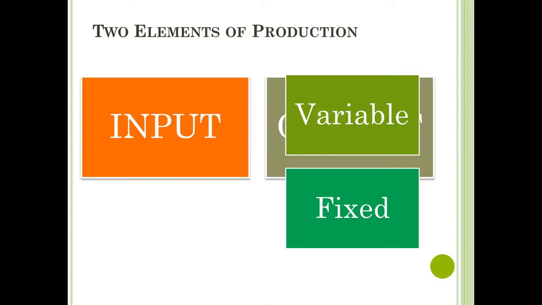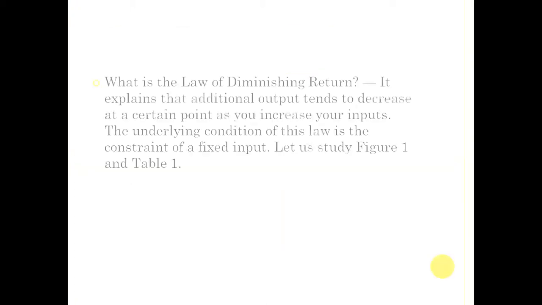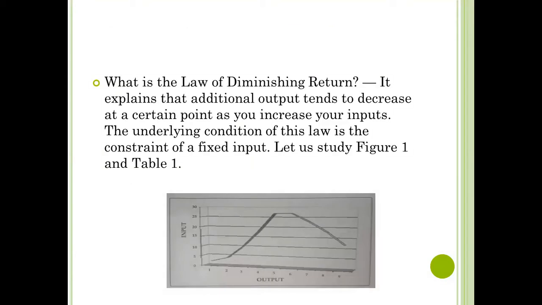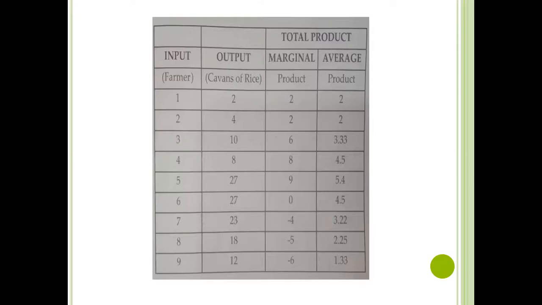So let's explain what is the law of diminishing return. It explains that the additional output tends to decrease at a certain point as you increase your input. The underlying condition of this law is the constant of a fixed input. Study figure 1 and table 1. So we have here a figure 1 and also table 1.